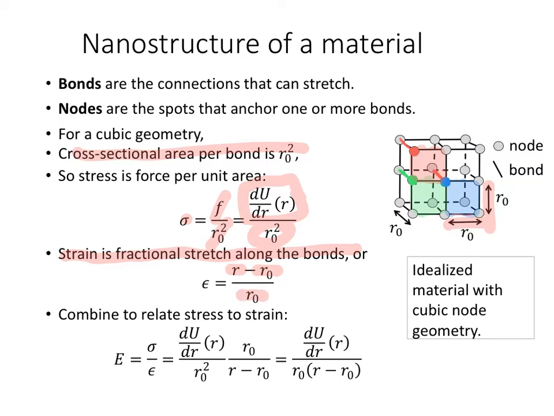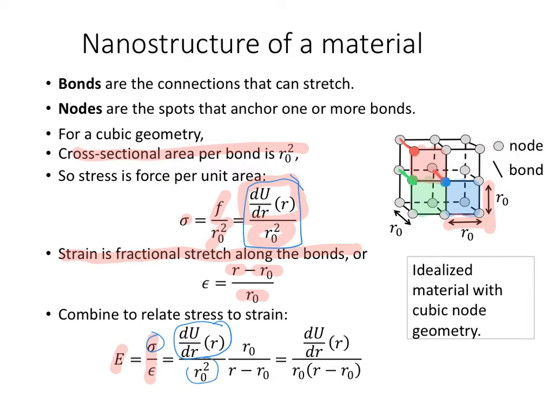So we can then combine these to relate stress and strain. We've already defined the Young's modulus as the ratio of stress and strain within the linear region. And so then we plug in the values that we just calculated above. So the stress is this value. So we have the derivative of the energy function divided by R naught.